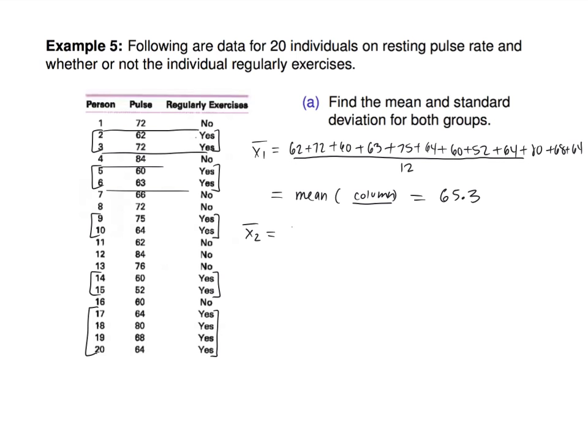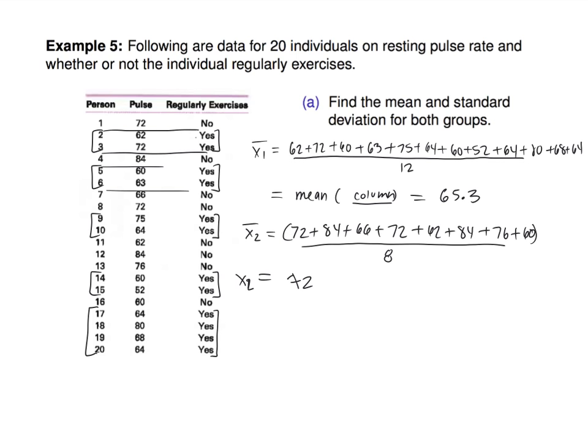So which numbers are we adding up there? 70, 84, 66, 72, 62, 84, 76, and 60, divided by, in this case, 8, which comes out to be 72. There's the mean.